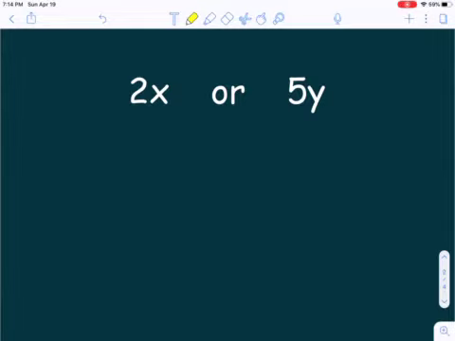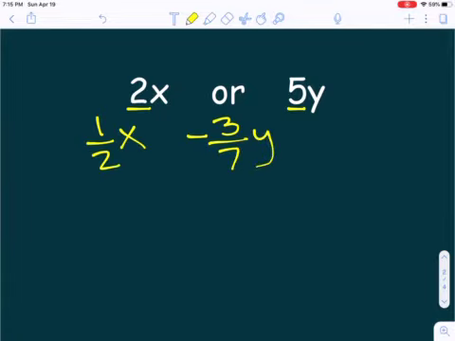So you're used to seeing things like this 2 or this 5, but it could also be 1/2 x, because that's a number. It's a number a lot of people don't like to deal with because it's a fraction, but it's a number. It could be -3/7 y. That would work. It can be positive or negative numbers. They can be integers. They can be fractions.